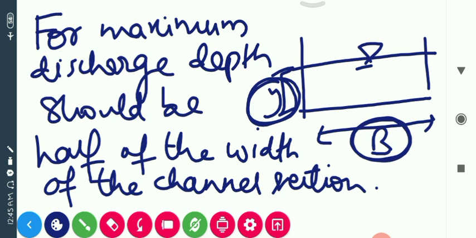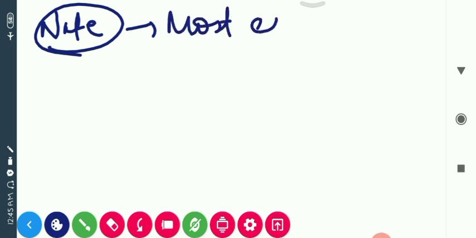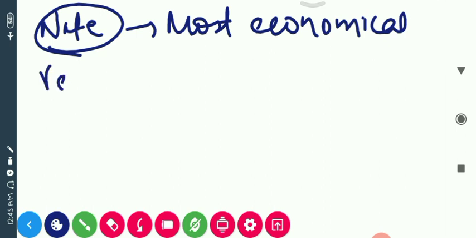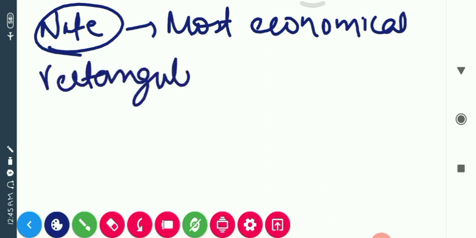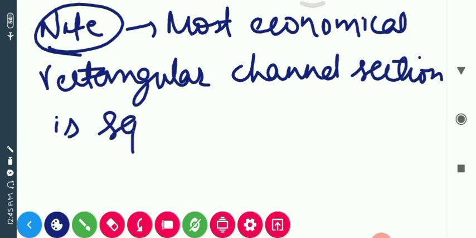Okay, so this was the condition for rectangular channel section. You should write one point in note that most economical rectangular channel section is square section.